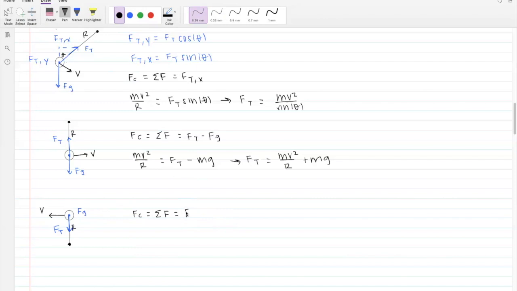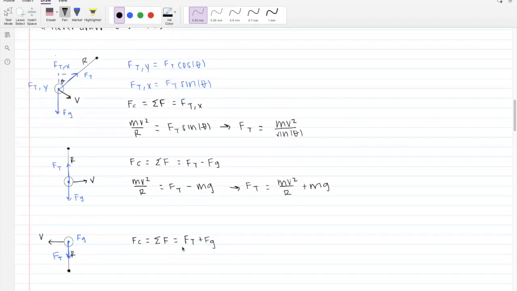Now, even though those forces are pointed down, I'm going to sum these forces. And the reason why is because when we're doing centripetal force equations, anything that's pointed towards the pivot point should be considered positive. Anything pointed away from the pivot point should be considered negative.